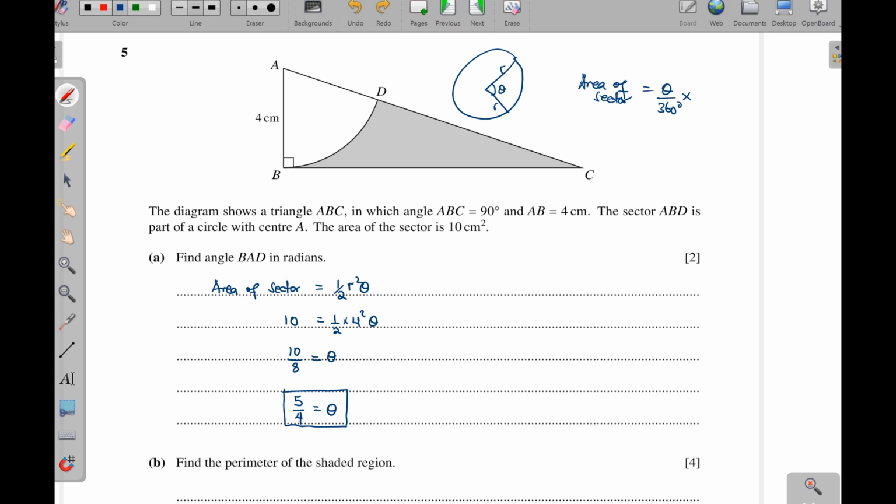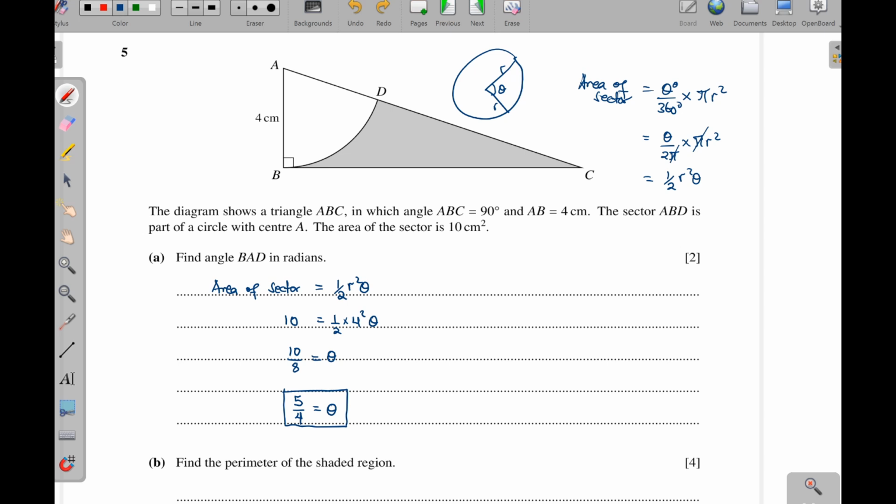Then times, because the sector is just a portion of the circle, then I'll multiply by the area of the circle, which is pi r squared. But if theta is in radians, 360 is the same as 2 pi. So when I have pi here, r squared, this pi will cancel with that, and then you have a half, then the r squared theta.